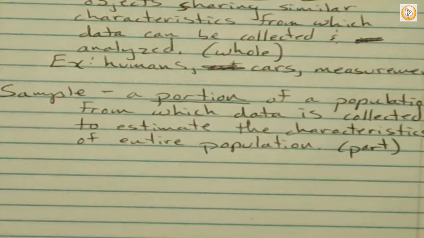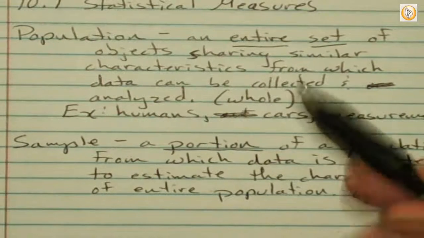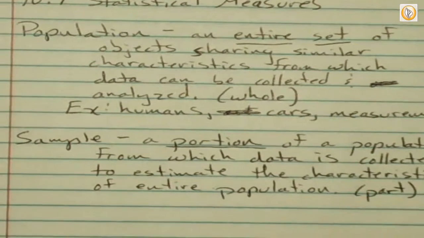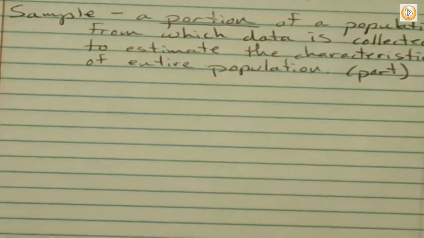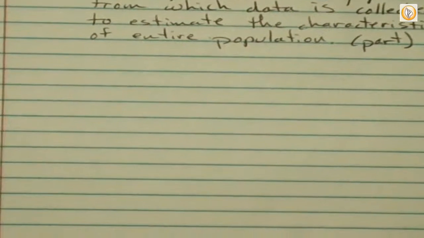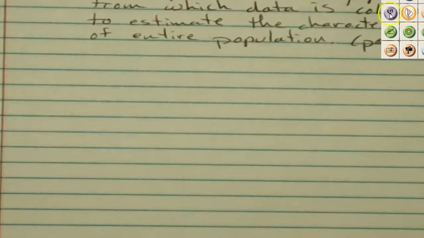Now, these definitions are the area of this section that we're focusing on. I'm not going to focus a whole lot on these two, because it's important, but not quite as important as what we're about to learn. The stuff we're about to learn, you are going to see again and again and again.